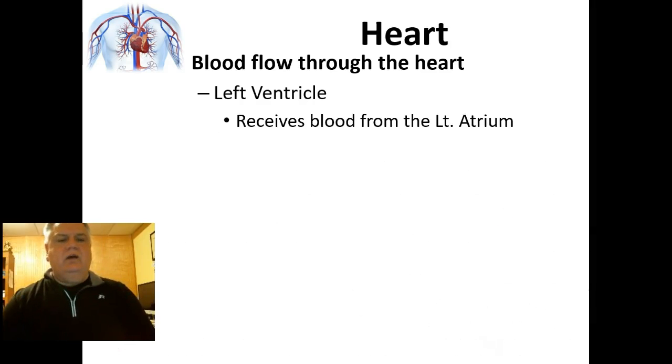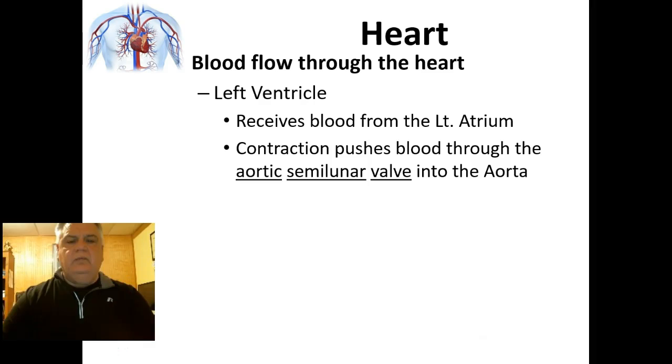Okay, so now we're at the left ventricle. The left ventricle then receives the blood from the left atrium, as we mentioned. Once it fills, the left ventricle will then undergo a contraction phase, and the contraction will push the blood through the aortic semilunar valve and into the aorta. So remember, when that ventricle contracts, that bicuspid valve is going to snap shut because of the chordae tendineae.